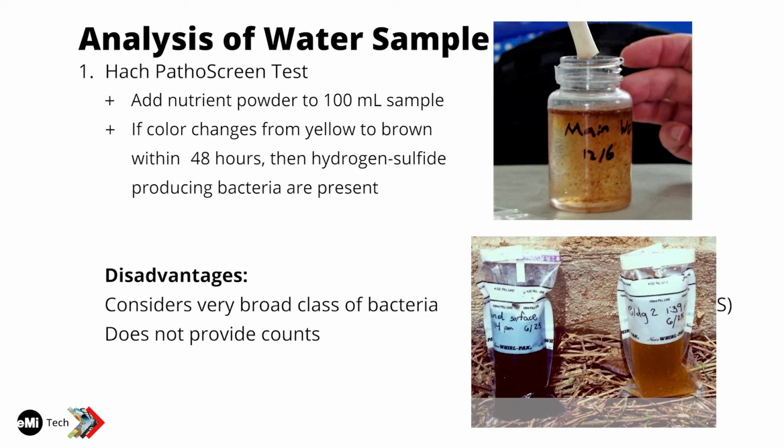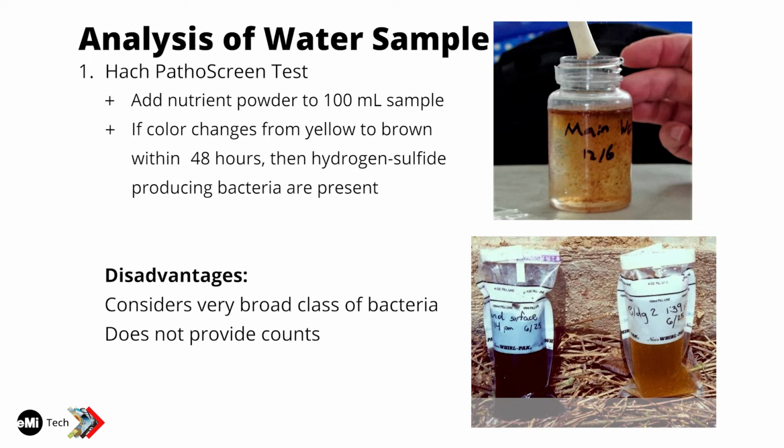Disadvantages are that it only considers this really broad category of bacteria. It only tells you if there's presence of hydrogen sulfide producing bacteria. And so what that means is if that sample turns brown, really it just tells you some amount or some type of that broad category are present. It doesn't mean you have coliform, it doesn't mean you have E. coli, it doesn't mean you have pathogens.